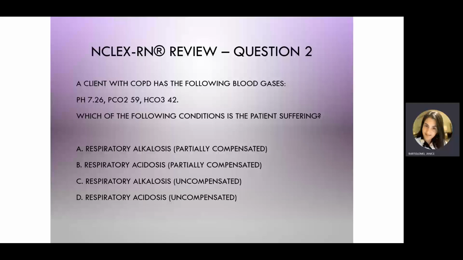It's high. They're retaining bicarb in order to fix this pH. So you can already eliminate this one. It is partially compensated because your pH is still not normal. Now, let's say I would have given you a normal pH, then yes, you are fully compensated. Okay? All right. Let's look at the other one.